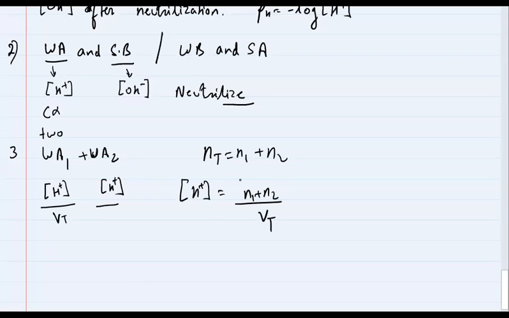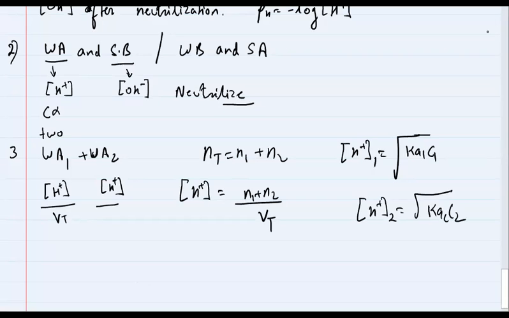But we know that the concentration of H plus 1 will be root of Ka1 into C1, and the concentration of H plus 2 will be root of Ka2 C2, because they are weak acids.